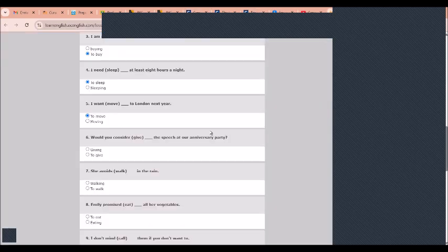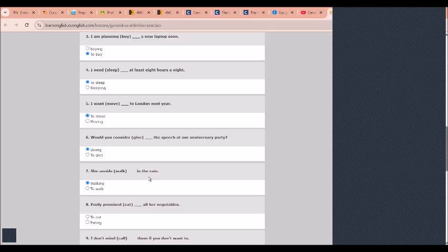These two, to consider, to avoid, both of these are real things. So, would you consider giving the speech? She avoids walking in the rain. These are habits or decisions that we make. All right. Ada, number 8.